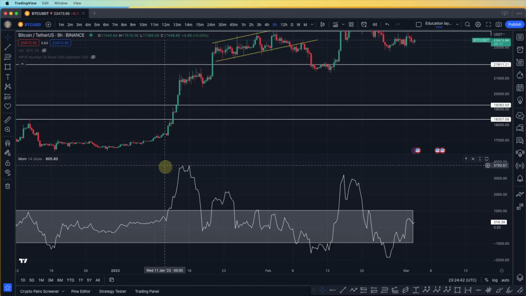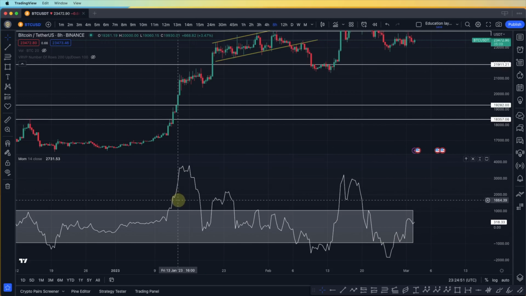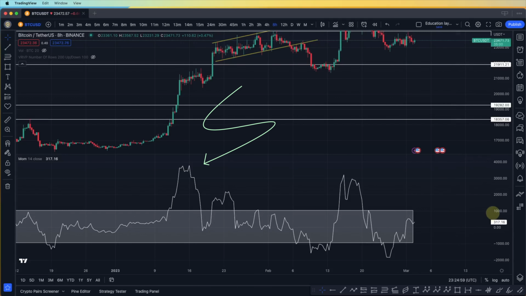As I said to you, potentially the reversal, when the market is ranging after this one pretty much hiking, and we make a real top. If you can see here, the ranging on the momentum is between plus 1000 or plus minus 900, right?